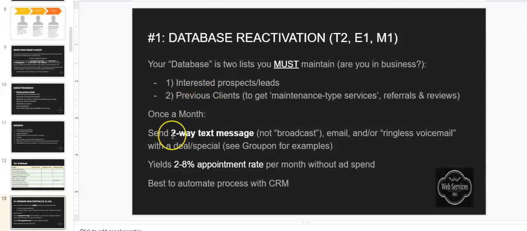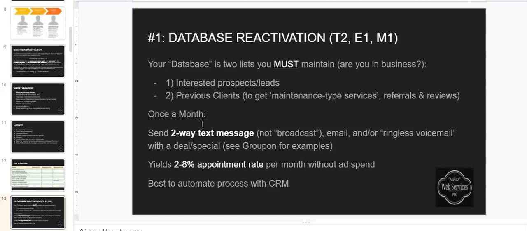Two-way text message is probably why I highlighted it, because 75-80% of the results that you'll get from this method or technique is going to be coming from text message, because most people interact with that. And again, these are your clients, so you definitely have permission to interact with them through text.